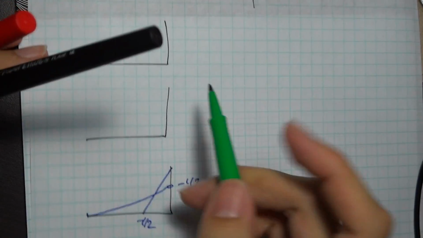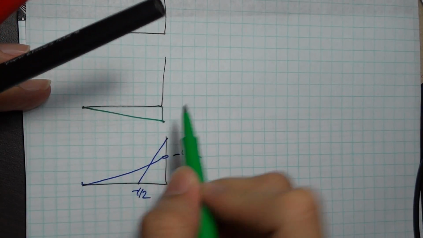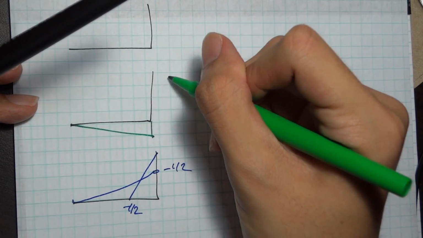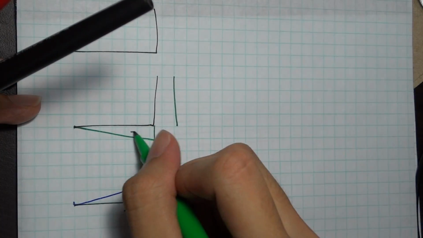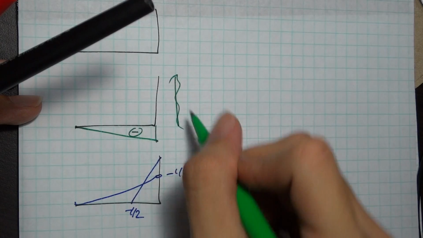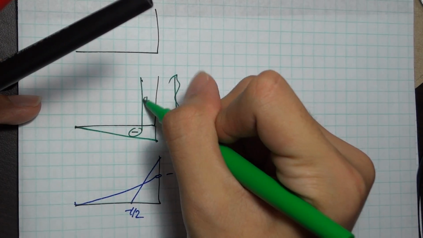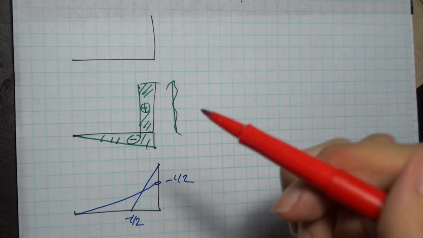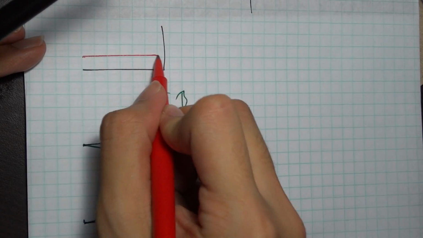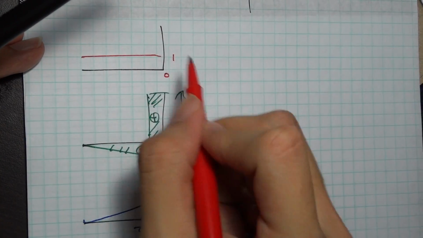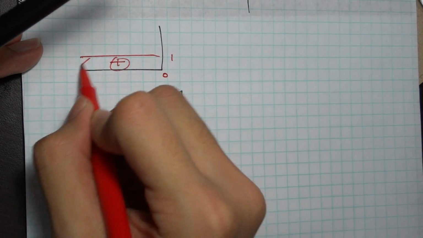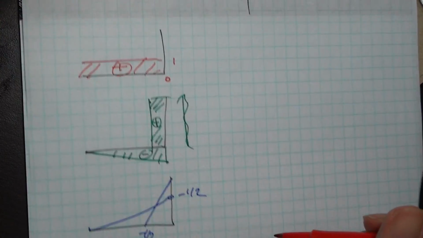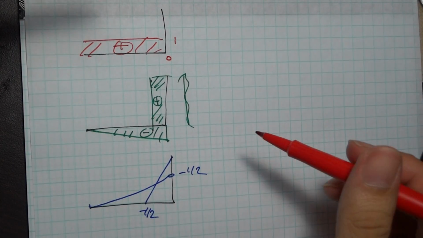Green is your shear, and your shear goes like this. And finally, your axial goes like this. Okay, so those are your diagrams.